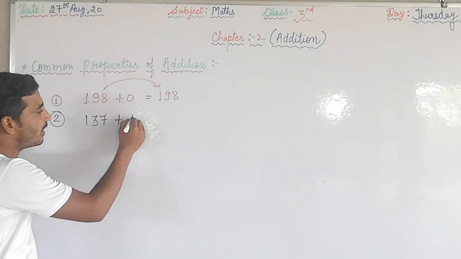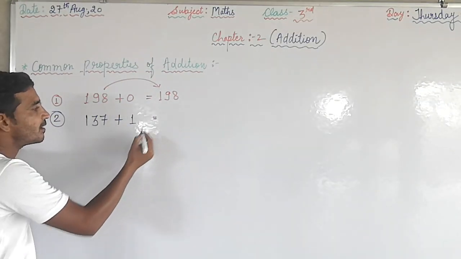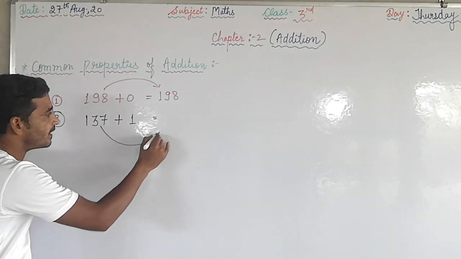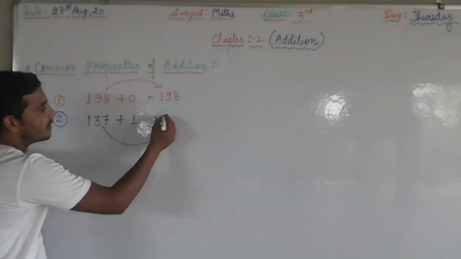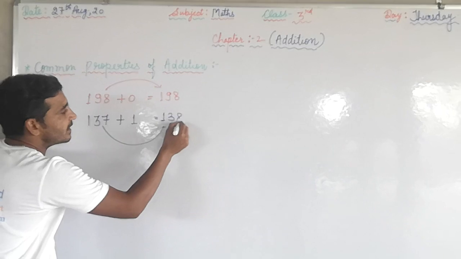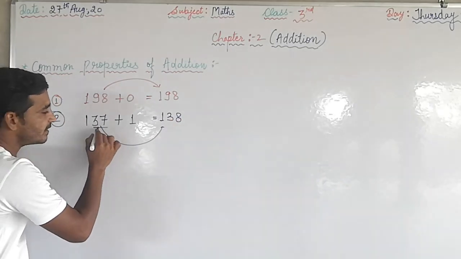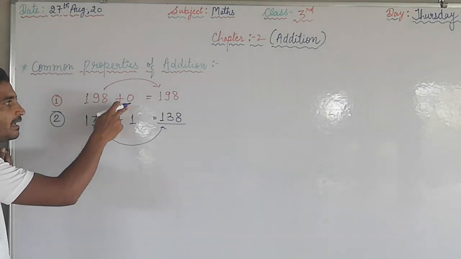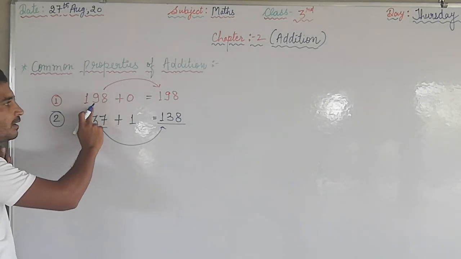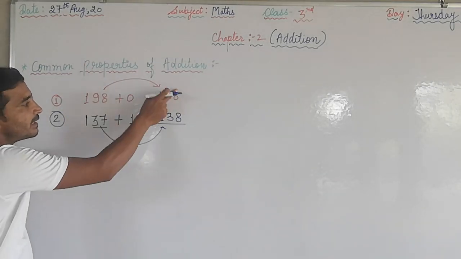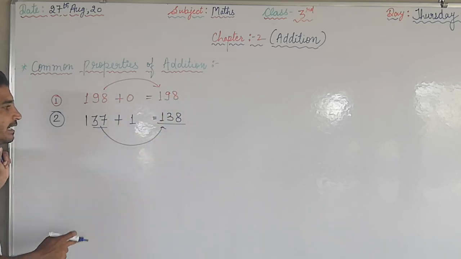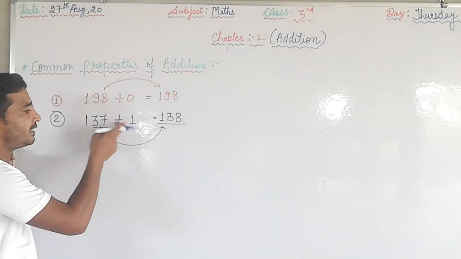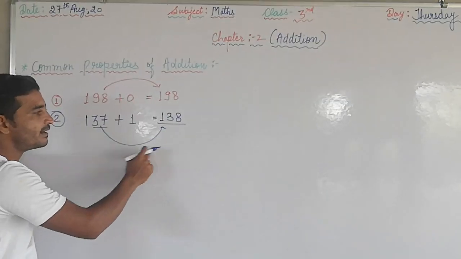If we add 1 to the number, we get the number after the given number, that is 138. 137, the next immediate number, is 138. The first property is that if we add 0 to the number, the result will be the number itself. The second property is that if we add 1 to the given number, we get the next immediate number.